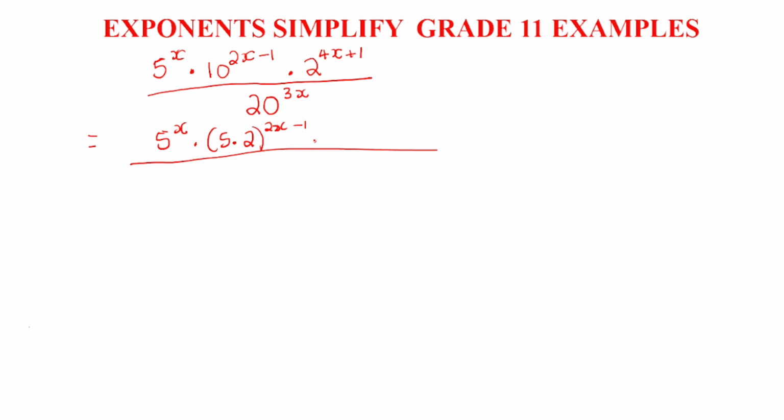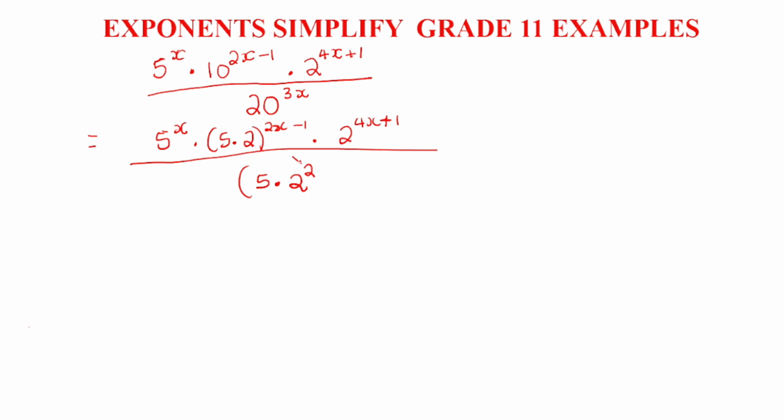And then 2 will just remain as 2 to the power of 4x plus 1. And then here you are going to have 20. It can be done as 5 times 4, but we know that 4 can also be written as 2 to the power of 2.